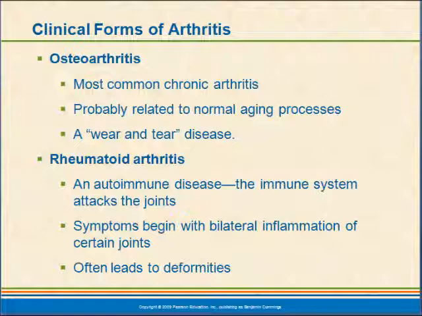Rheumatoid arthritis, on the other hand, is an autoimmune disease. We'll talk more about autoimmune diseases when we get into the immune system, but essentially what happens is that the immune system doesn't recognize part of your body as belonging to you anymore, and so it ends up going in and attacking the joint. A couple of different things can trigger this.